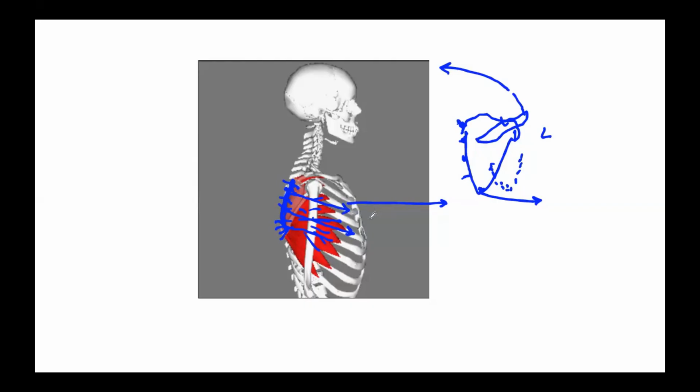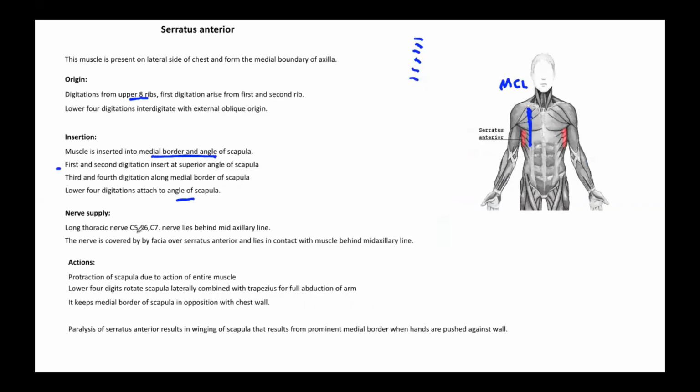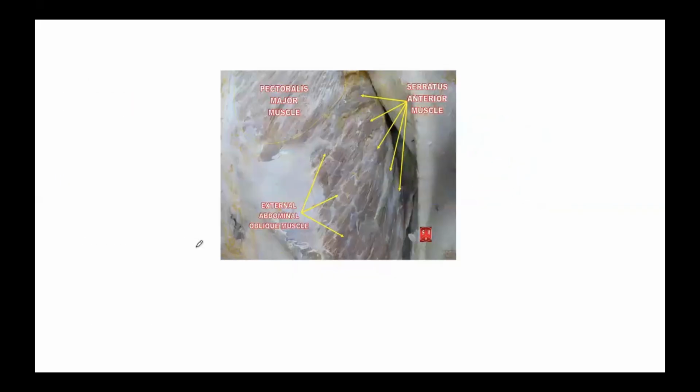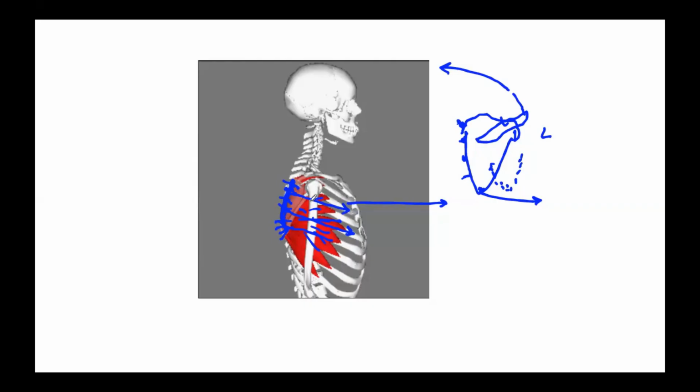The other function is the nerve supply: long thoracic nerve, C5, C6, C7, and it's an important aspect in nerve supply as well because it passes posterior to the mid axillary line. So where is the long thoracic nerve located?